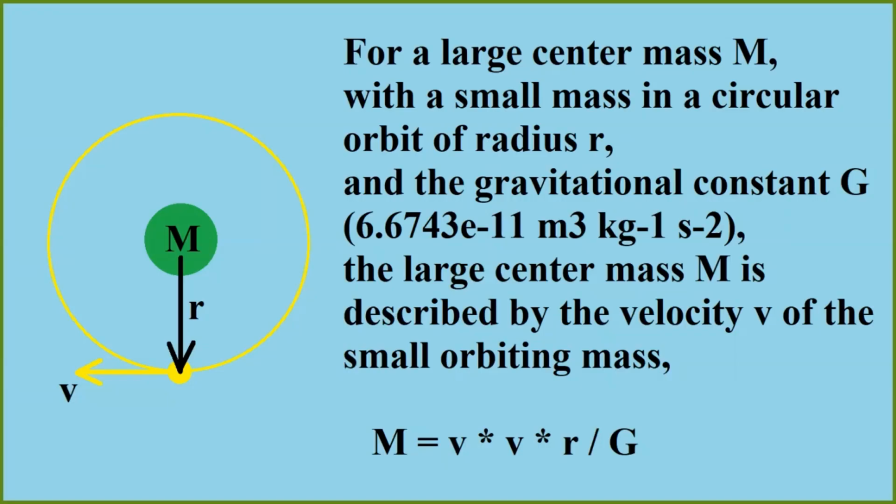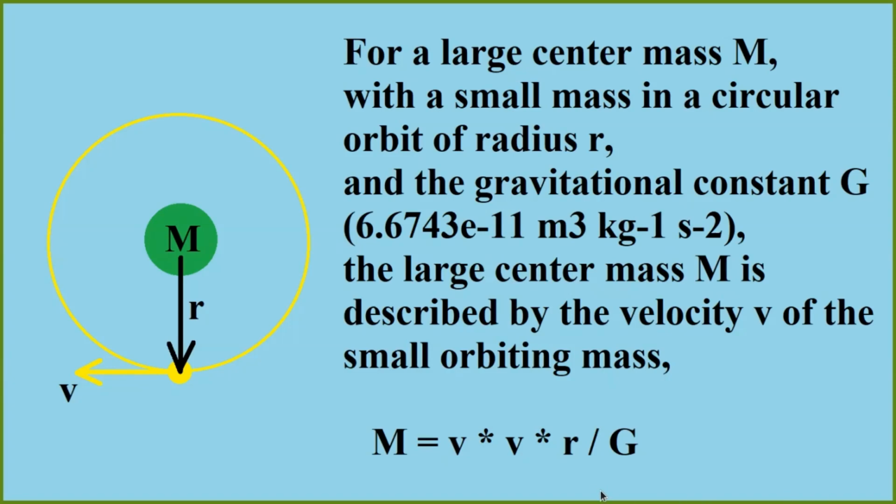We can also use that highest velocity information, that upper edge information, to study the mass of the galaxy. For a large center mass M, shown in green, with a small mass in a circular orbit of radius r, that's that yellow dot at the bottom, and using the gravitational constant, the large center mass M is described by the velocity v of the small orbiting mass.